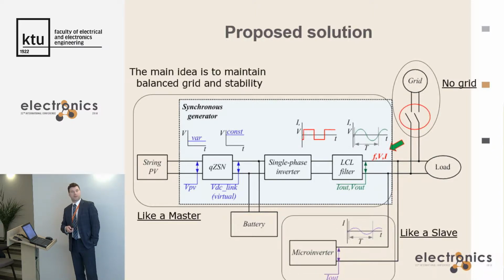The main thing is, if there is no basic energy source, then the power system can collapse, because microinverters alone cannot keep all the network parameters. So we propose to use a quasi-Z source network, which I will describe in the next slides, coupled with a single phase inverter. The single phase inverter in this case will work as a synchro inverter.